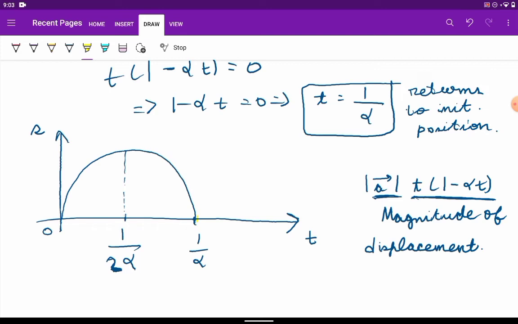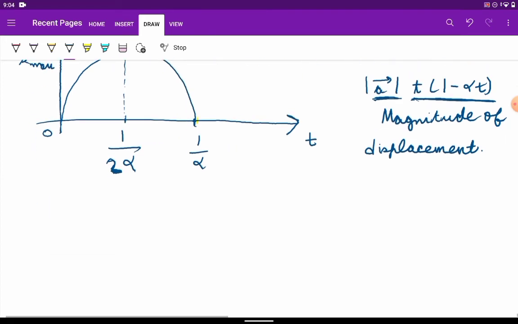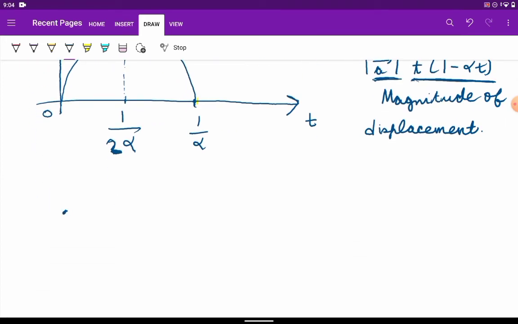So now what we have to find out is the distance covered. Till 1 by 2 alpha, it has covered some s max, let's say, and it returns back. So you are here and the particle is here at t equal to 0.